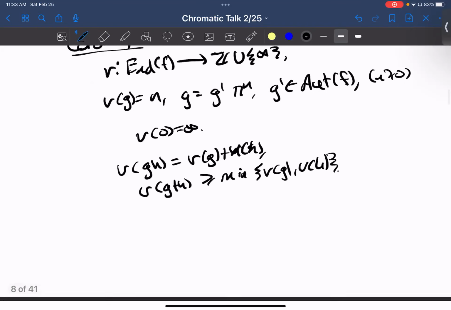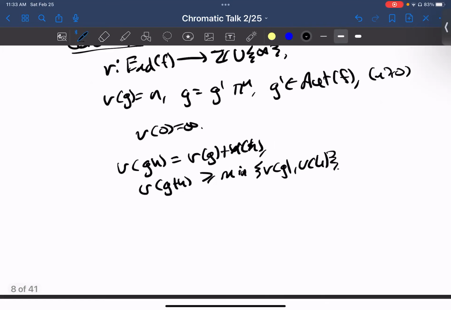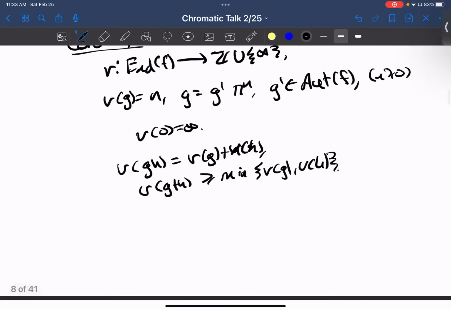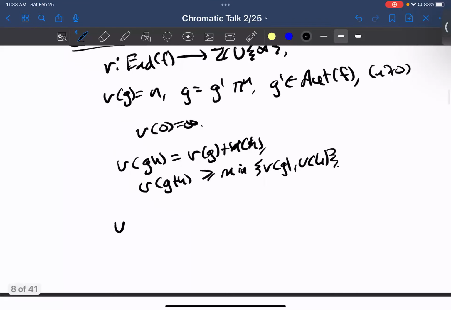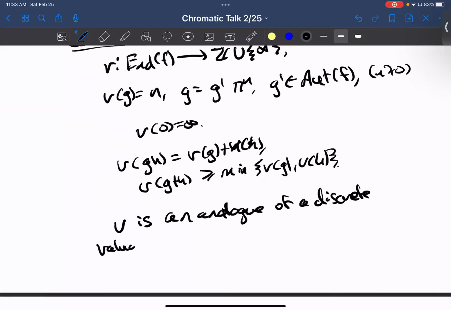Yeah, that is what I want here. Okay. So nu is an analog of a discrete valuation in this non-commutative setup.